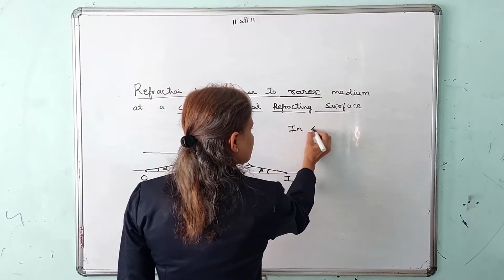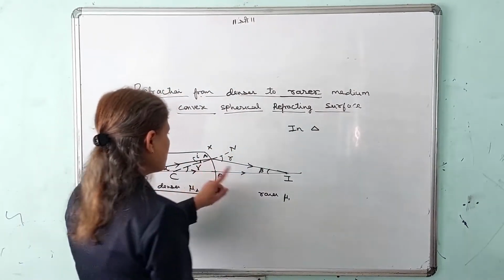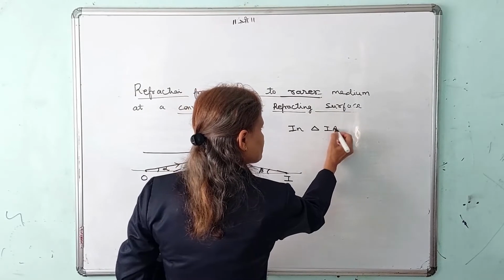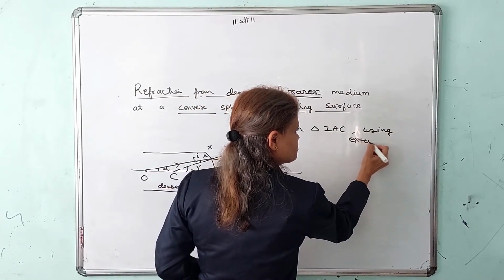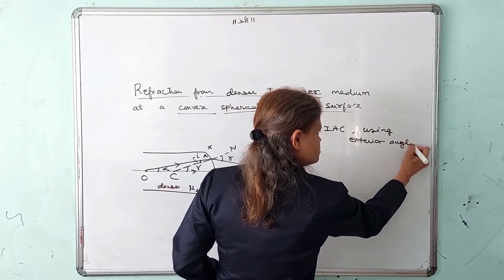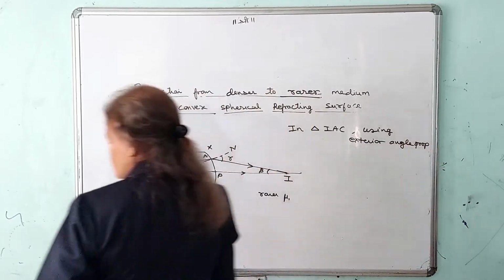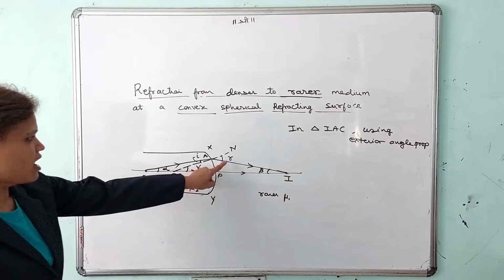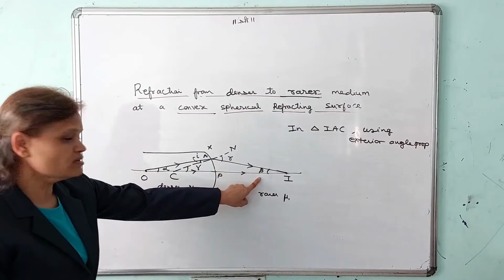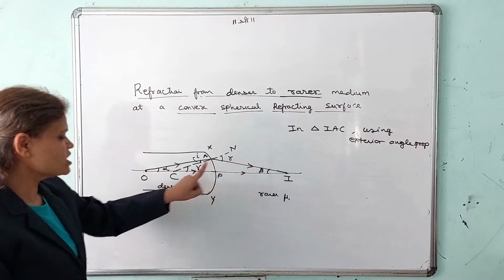Now in triangle IAC, we are going to use the exterior angle property. So see the angle IAC. Here we can write r is equal to beta plus gamma.